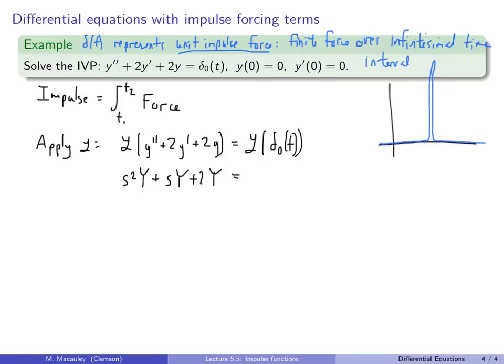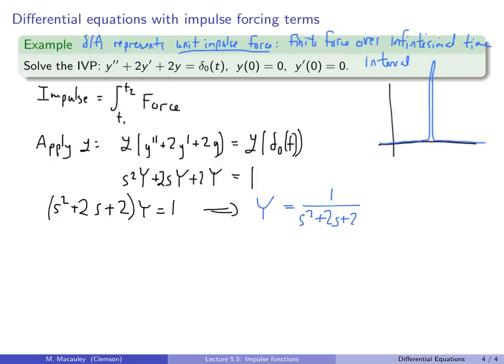Let's factor out: s squared plus 2s plus 2, times Y equals 1. And so now we have solved for Y: Y equals 1 over s squared plus 2s plus 2.